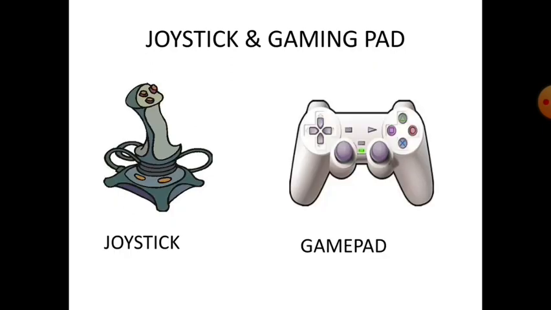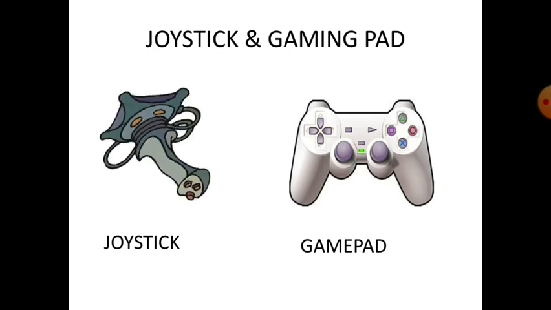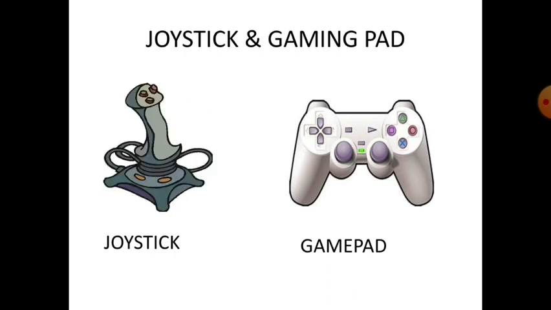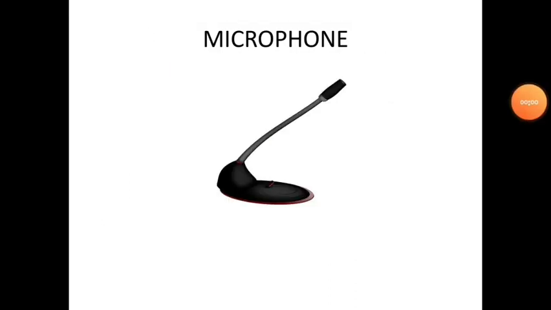Next is the joystick and gaming pad. These are two input devices which are used to play games on the computer, as they control the movement of objects on the screen. Now the next is the microphone.